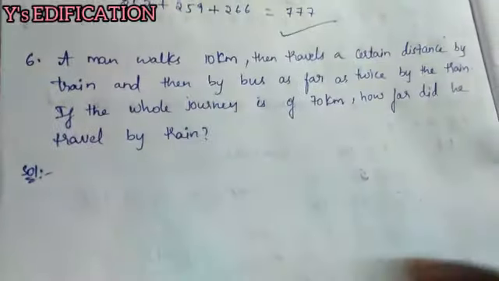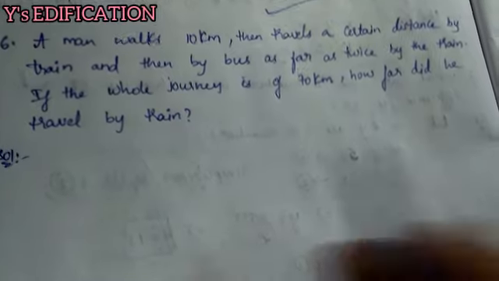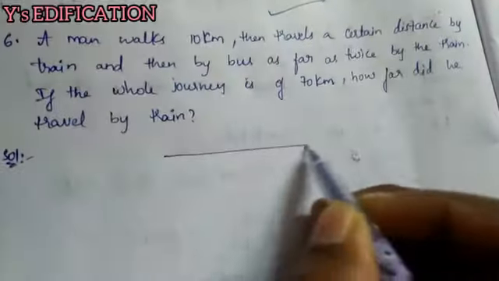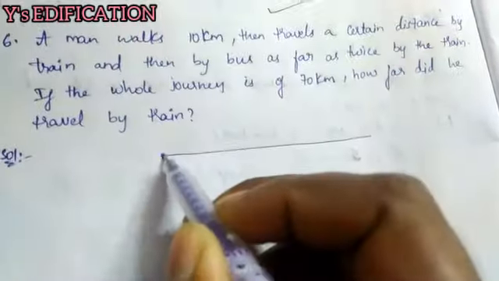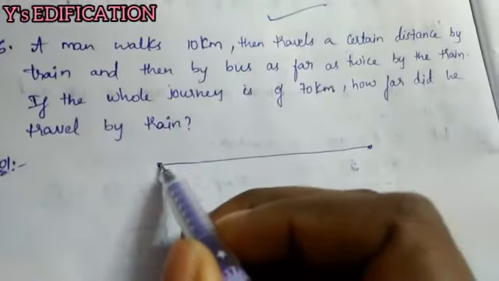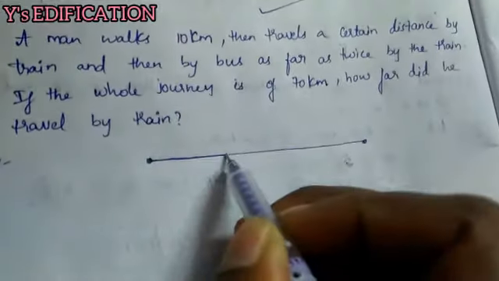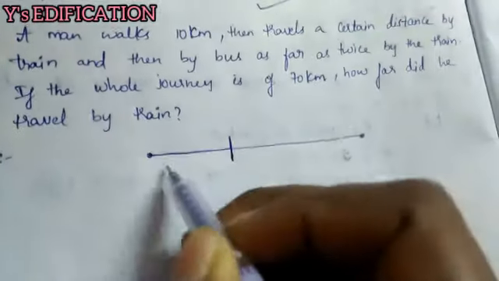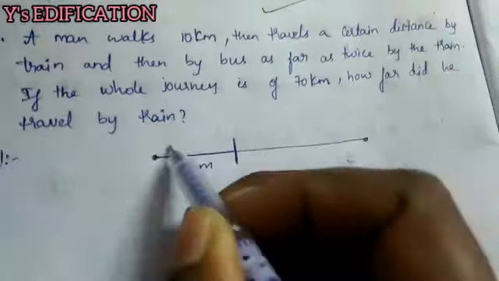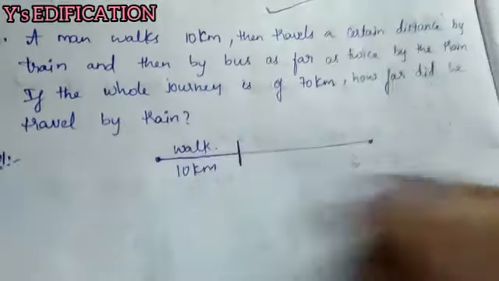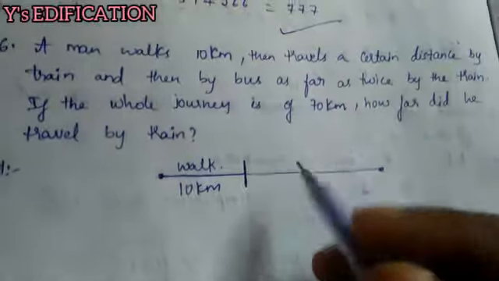A man walks 10 kilometers. A person is going from one certain point to another certain point. And he started walking from the starting point, and he walked 10 kilometers. This is 10 kilometers and he went on walking.